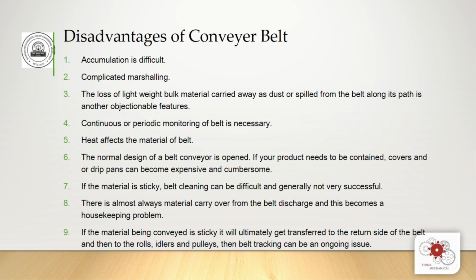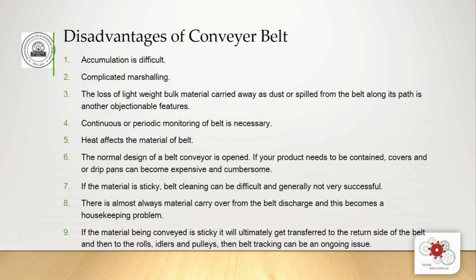Heat also affects the material of the belt. Of course, if there is a temperature gradient occurring on a regular basis, then it will affect the belt life, and that may cause problems in the maintenance of the belt.